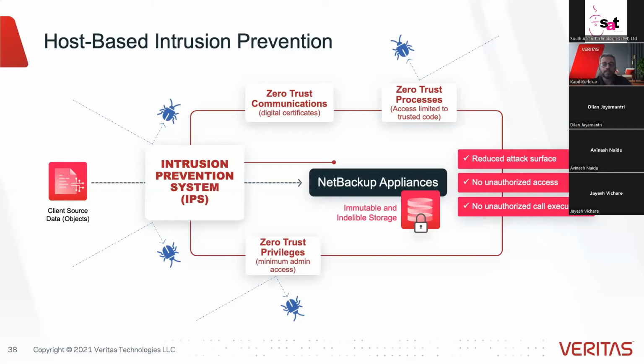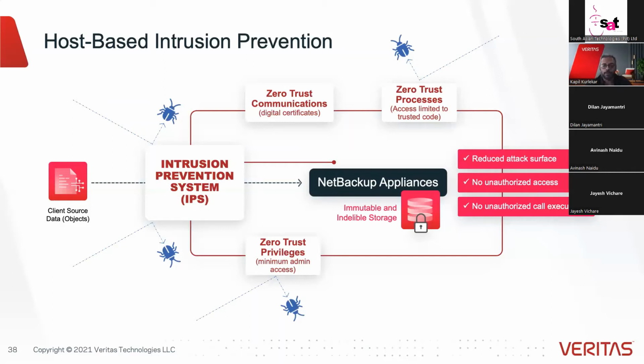Also, the appliances are purpose built. They don't run a full-blown version of any operating system. The operating system that runs on the appliance is a hardened operating system and a reduced version of the Red Hat OS. We refer to this as a way to reduce the attack surface. Secondly, only authorized devices are allowed to communicate with NetBackup appliances. Right.